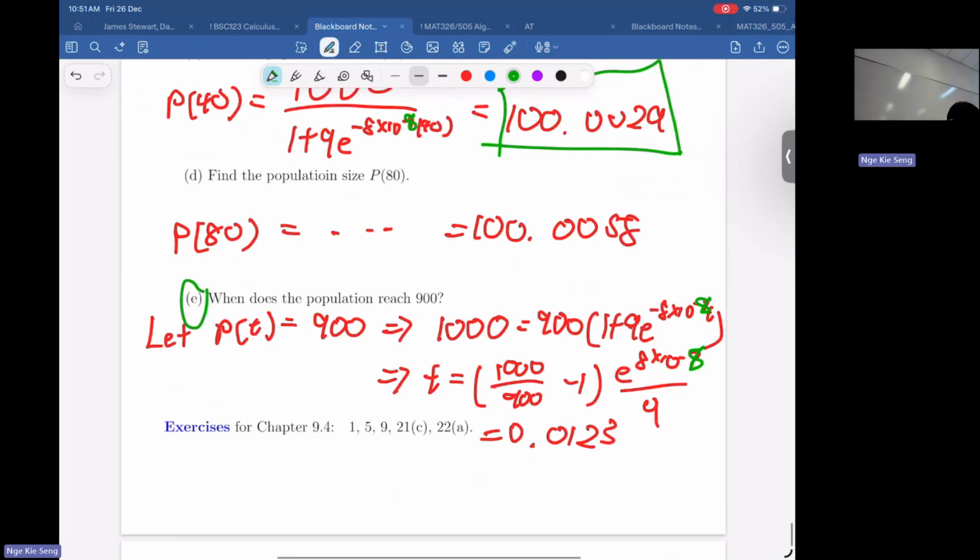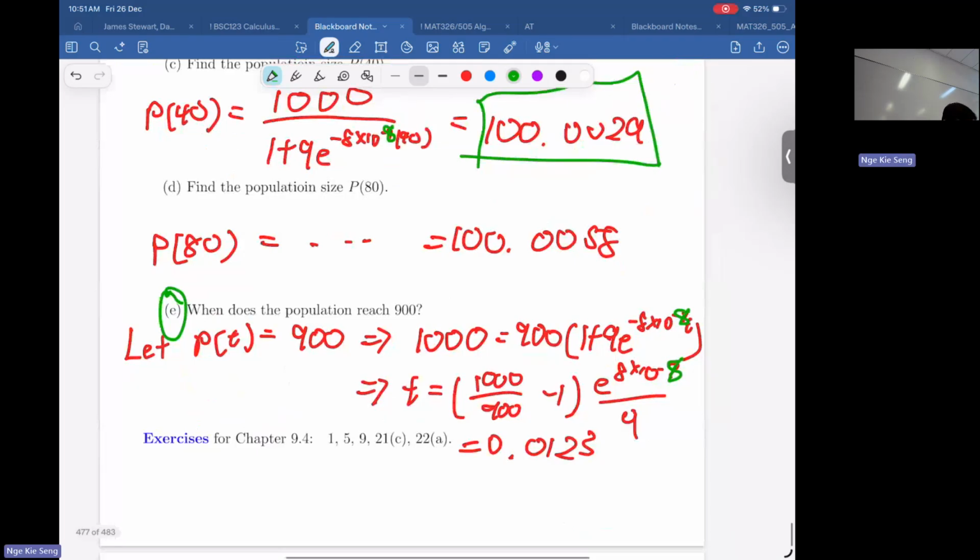Can someone compute e as well? Try and compute this value here: 1,000 over 900 minus 1 should be something less than 1, and then multiply by e to the 8 times 10 to the minus 8 over 9.